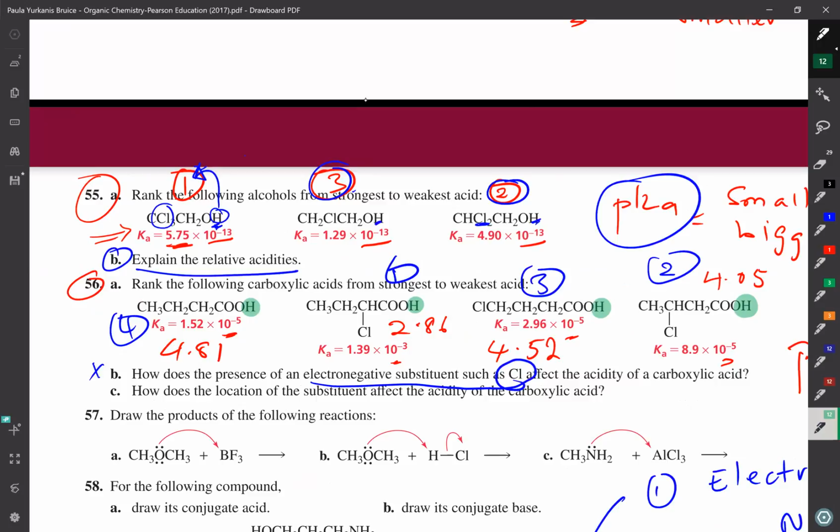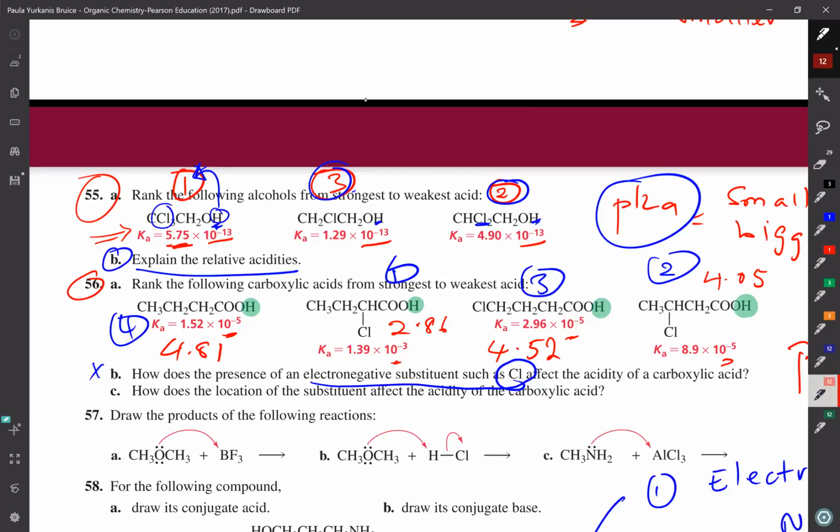How far is the chlorine from the acidic hydrogen? The first thing you need to know is, when we're looking at distance, you want to count the number of carbon atoms that are between them. That's where the distance comes in, the number of carbon atoms.